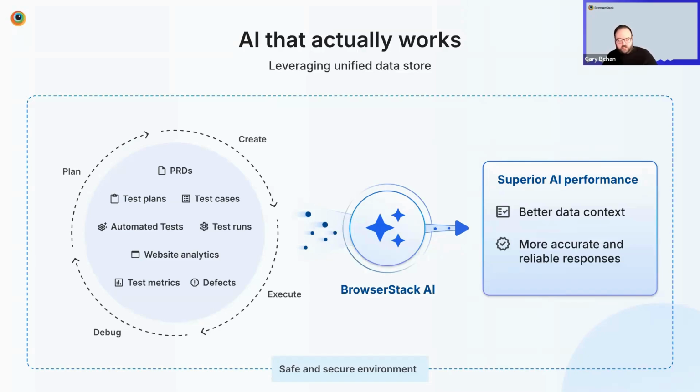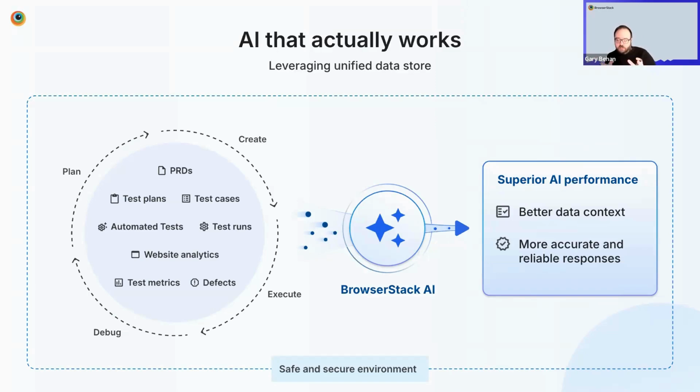So with that said, and this all goes back to the plan, create, execute, debug, the actual testing phase, we can take in product release documents, we can take in test plans, cases, we can take your automated tests, your history of your test runs, your website analytics, test metrics, and any defects that you have.